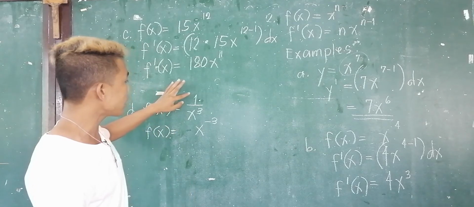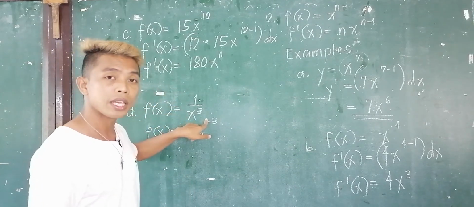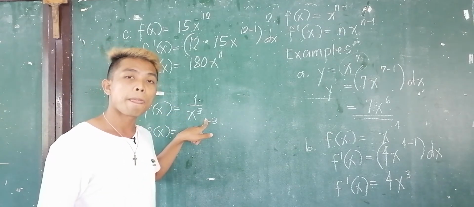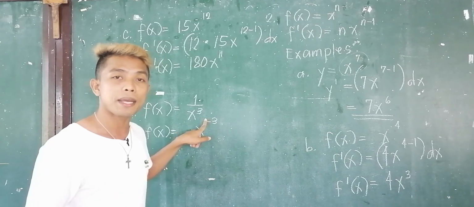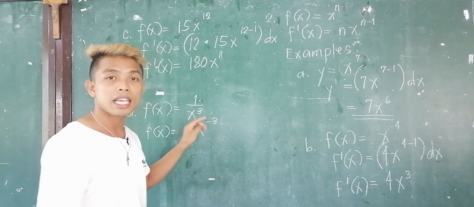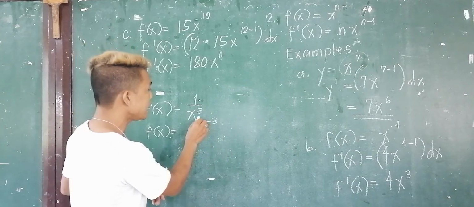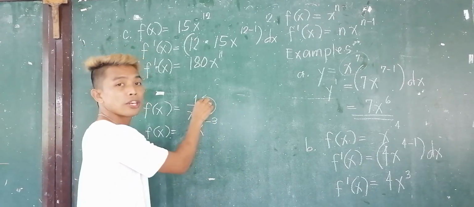Here, in our example, 1 over x cubed. What is in the denominator? The one found in the denominator is x cubed. We will put that in the numerator. We will bring it up to the numerator.